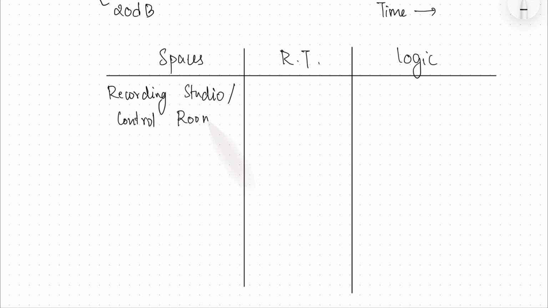There you need a lot of clarity. Even a tiny bit of echo could destroy the recording in the control room. So you'll have very small RT, 0.3 to 0.5.